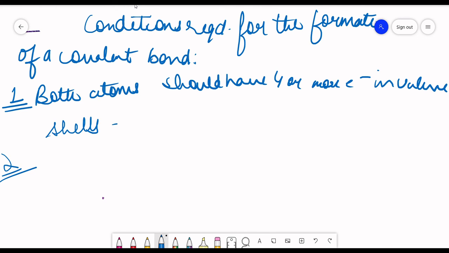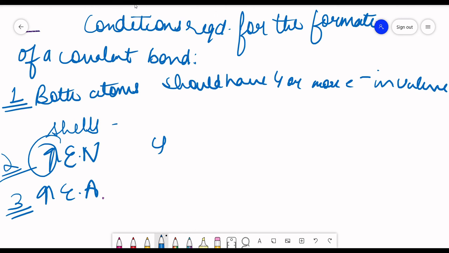Second is both atoms should have high electronegativity. I'm writing high. Third is they both should have high electron affinity. Tell me if you want a video on electronegativity, electron affinity, IP, right? Anything if you want. Fourth, both atoms should have high IP.